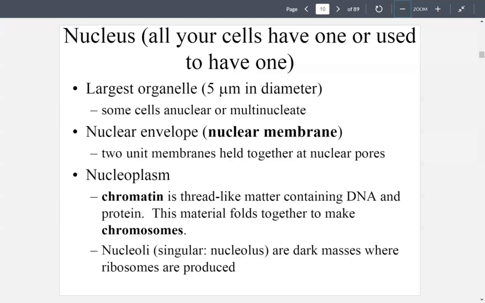This chromatin condenses down and becomes chromosomes during the replication process. We're also going to find the nucleoli if it has more than one, or a nucleolus if it only has one. The nucleoli or nucleolus is a dark mass located within the nucleus, which is where ribosomes are produced.